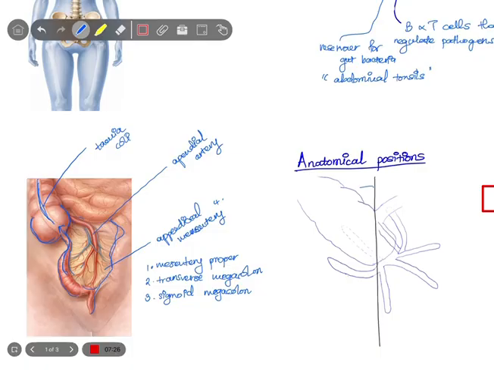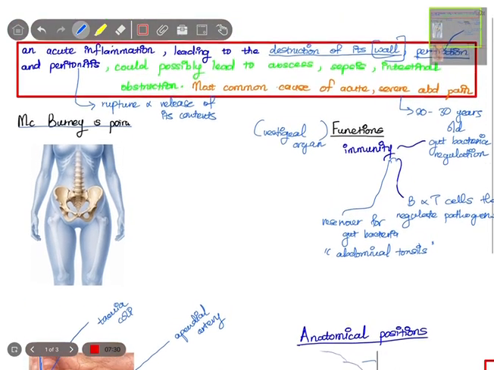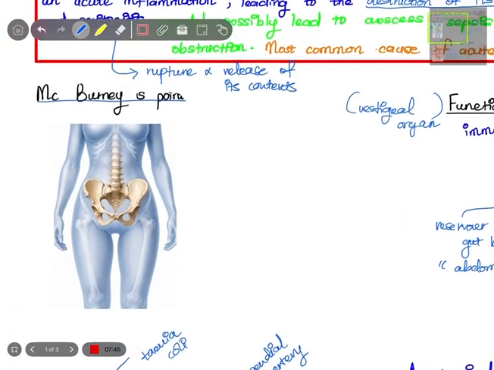Now, going back to the examination of the abdomen, you will notice that the abdomen is most tender at a point one-third from the anterior iliac spine to the umbilicus. Now, let's zoom in.